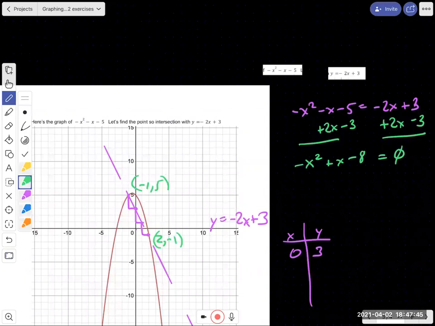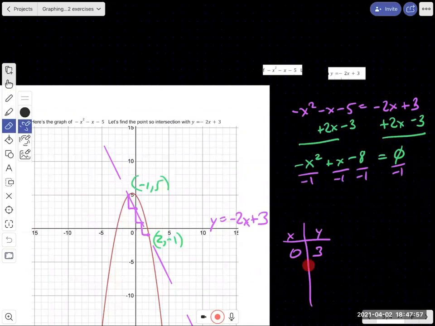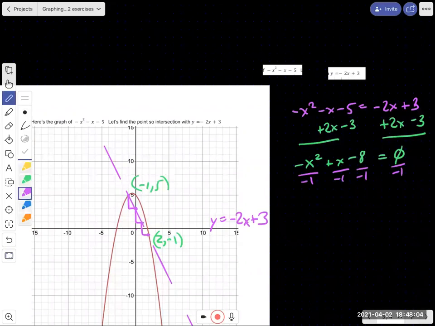And that hurts my brain to think about. So let's divide everything by minus 1. Okay. The 0 doesn't care if you divide it by minus 1. Okay, so now we have x squared minus x plus 8 equals 0.